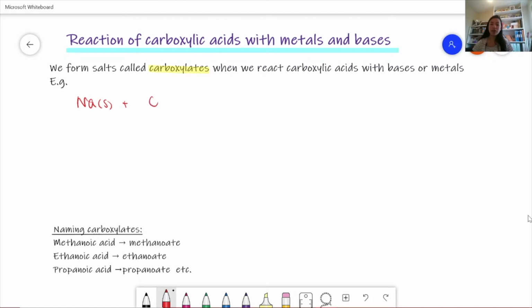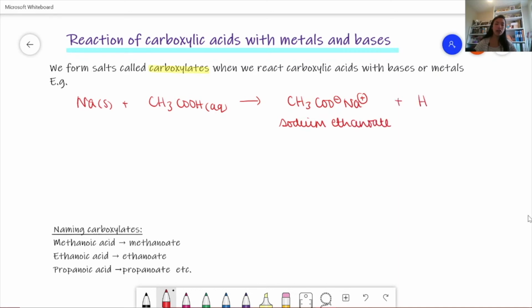So for example, we could have ethanoic acid, which is aqueous, and this will form a carboxylate. So we have a negative ion and then the sodium, and we call this sodium ethanoate. And we also form hydrogen gas, like we normally do when we add a metal and an acid.